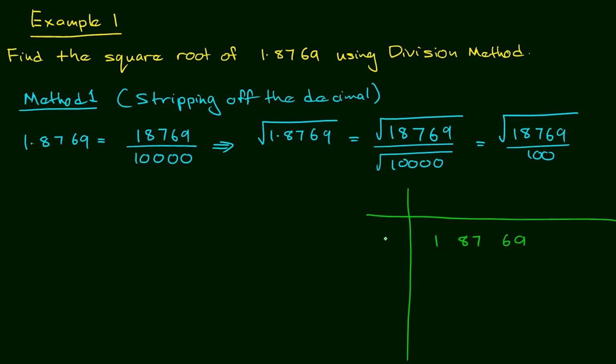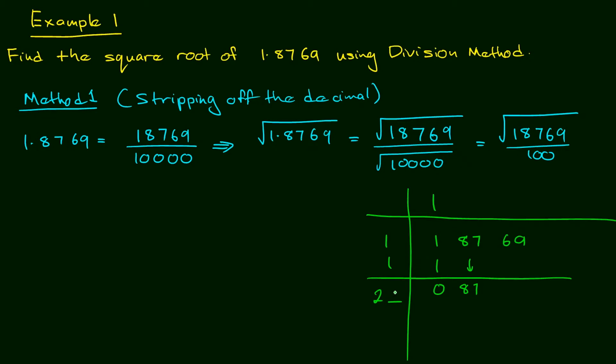And the first digit is going to be 1, obviously. So 1 times 1 is equal to 1. So remainder is 0. Pull down 87 and put 1 here. That becomes 20 something. And that 20 something we need to go and figure out.